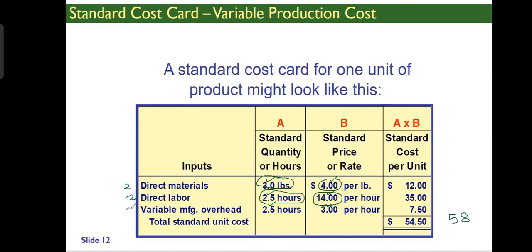And then you have two variances for variable overhead, again for the number of hours and the rate per hour. So in total there are six variable cost variances: two for the material, two for the labor, and two for the variable overhead. After that, we will do fixed cost variances, then we will do sales price variances.